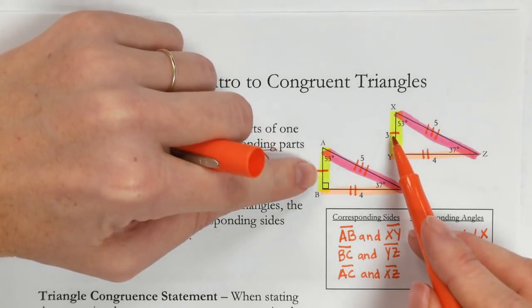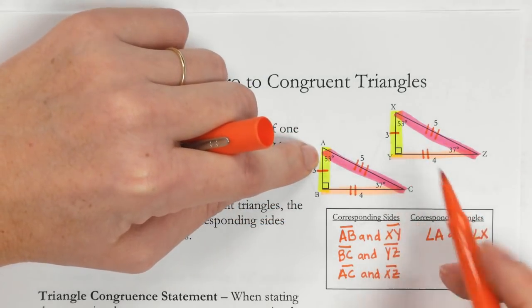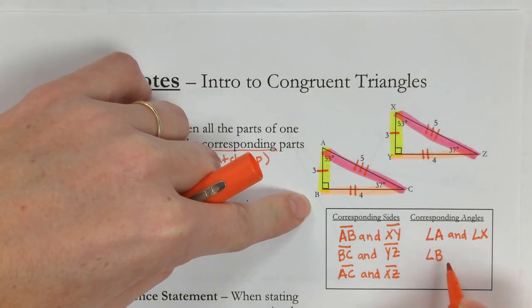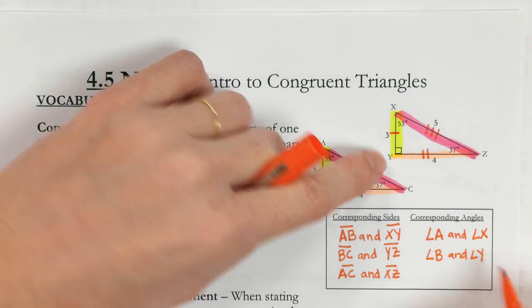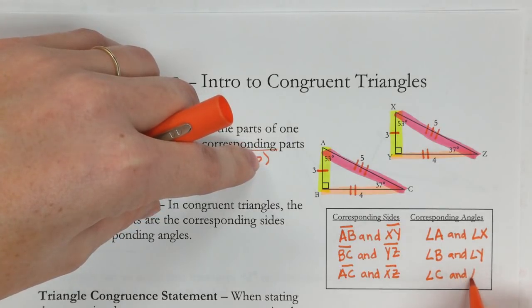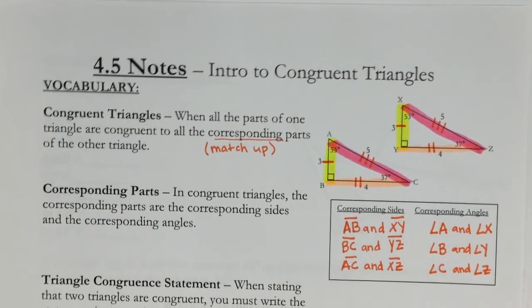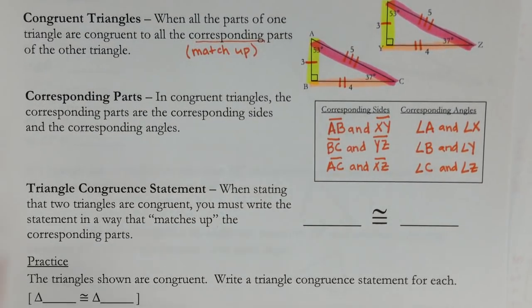And the third way I know is if I look at my tick marks, I have 1 tick mark and 3 tick marks meeting in the corner. Then I can look at angle B, that has a 90-degree angle, so does angle Y. And finally angle C and angle Z. So those are my corresponding parts.